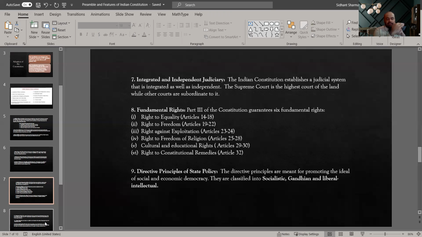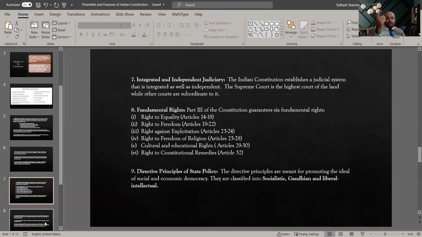The Supreme Court is the highest court of the land, and apart from that there are also Lok Adalats. We have to study these in detail, but the concept is that we don't have a separate form of judiciary. We have an integrated and independent judiciary. There is no involvement of any other organ of government in the working of the judiciary.